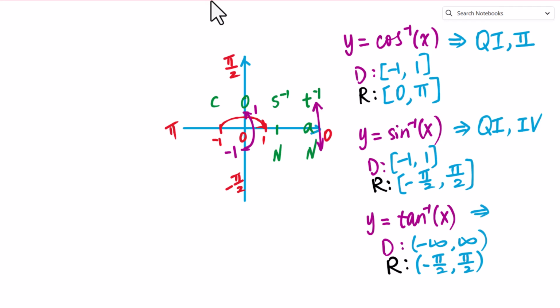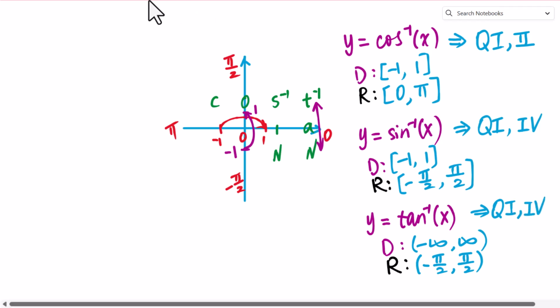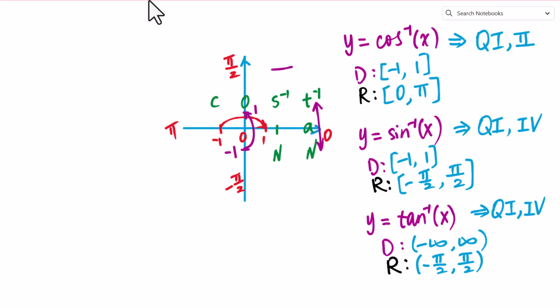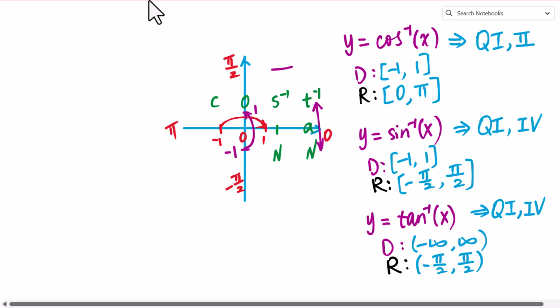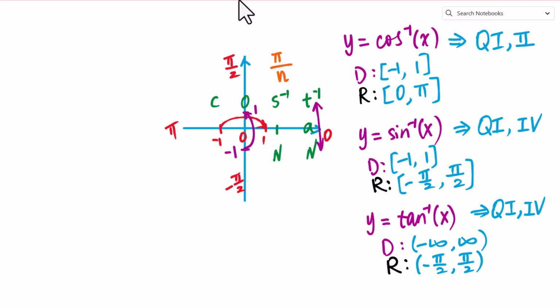For inverse tangent function, the range is located in first and fourth quadrant. We know in the first quadrant, for special angles, pattern is pi over n. Second quadrant, n minus 1 pi over n. For the fourth quadrant, negative pi over n.